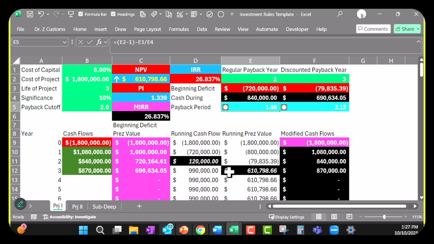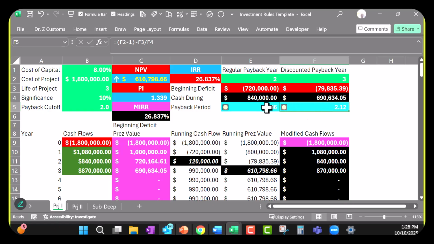This question doesn't ask for discounted payback period, but if it did, find the year in which running present value turns positive. That happens to be year 3. And just read that off. And if this was a standalone project and the payback cutoff was 2 years, we would have accepted it based on regular payback, but rejected it based on discounted payback.